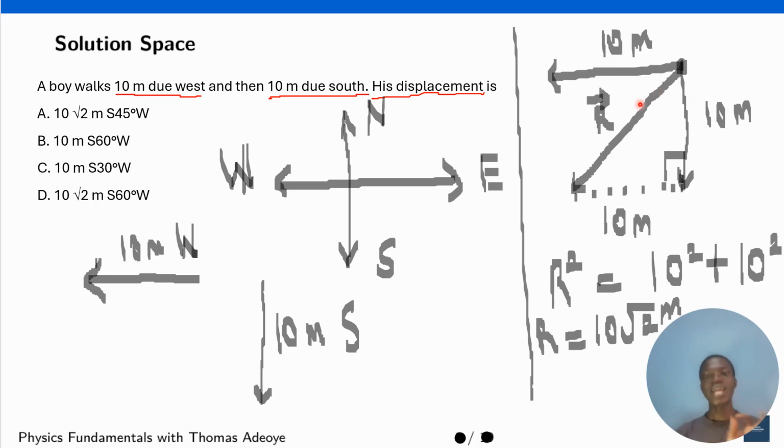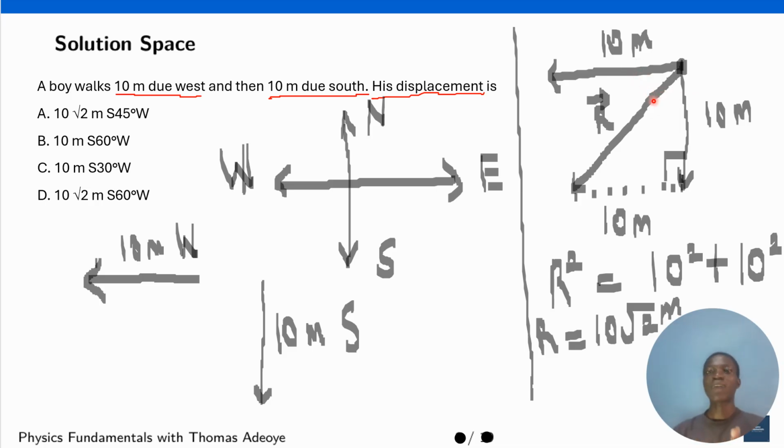So from this diagram we can calculate the direction. The direction will be the angle that the resultant, which is the displacement now, makes with either south or west.